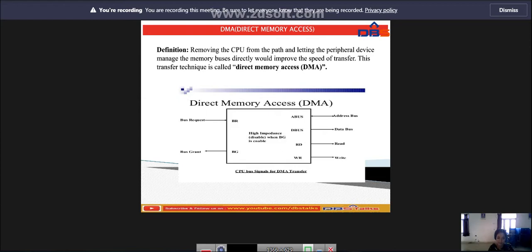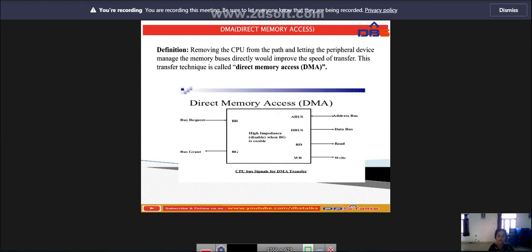BG is the bus grant output that informs the external direct memory access that the buses are in the high impedance state. The DMA that originated the bus request takes control of the bus and returns to its normal operation after disabling the bus request line. The transfer can be made in several ways.